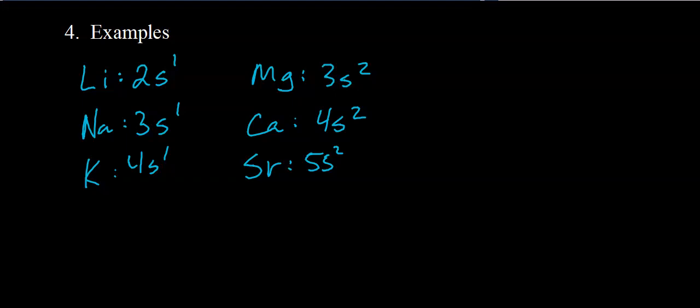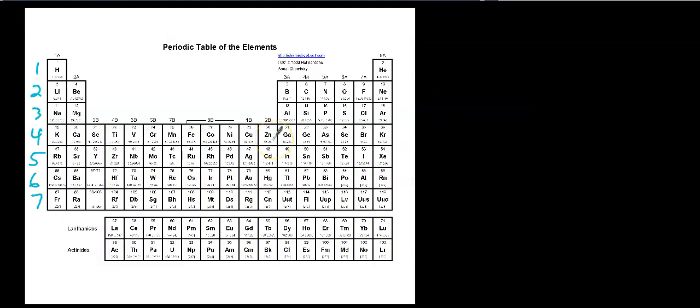So let's write the valence configuration for nitrogen. So let's find nitrogen on the periodic table. Right here. What energy level are nitrogen's valence electrons in?